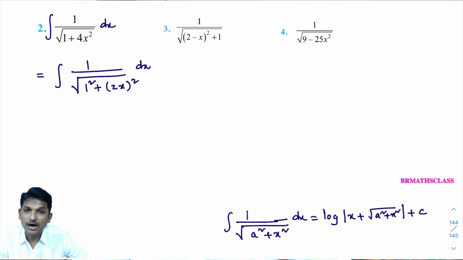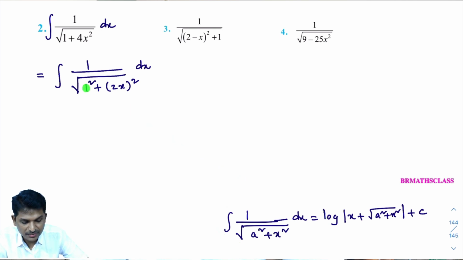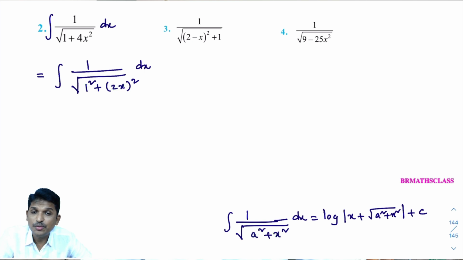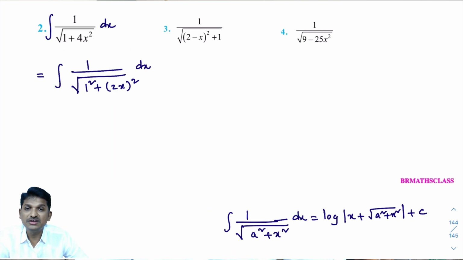Now, can I apply this formula to this problem? Here we have a square plus x square. To apply this formula, what is the problem? Here x square is there, here 2x is there. From the beginning of this class, I am trying to say the same thing: in place of x, if ax plus b is present, how to write its answer directly?